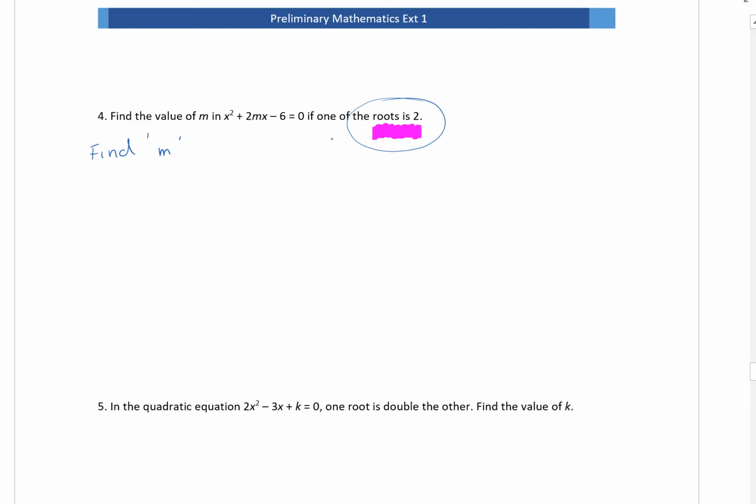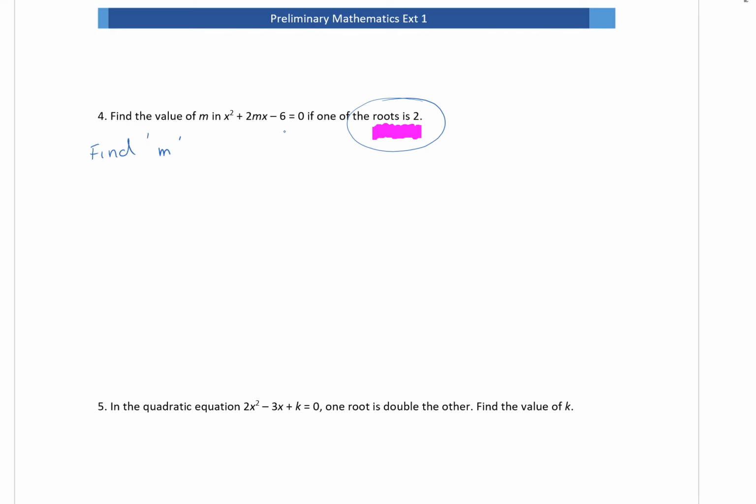But ultimately, that's how we formulate some sort of solution. Find the value of m means we want an equation with m in it. The fact that m occurs in a quadratic and an additional piece of information involves roots tells me I should be thinking along the lines of sum of the roots, product of the roots.